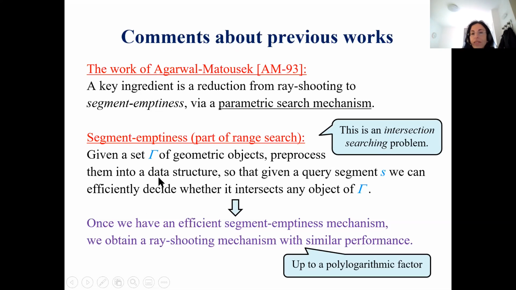We are given a set gamma of geometric objects, arcs or triangles, free space or whatever, and we preprocess them into a data structure so that given a query segment s, we can efficiently decide whether it intersects any object. Either it intersects an object of gamma or it does not. Like I said, once we have an efficient segment emptiness mechanism, we obtain a ray shooting mechanism with similar performance up to a polylogarithmic factor, because this is the overhead of parametric search.